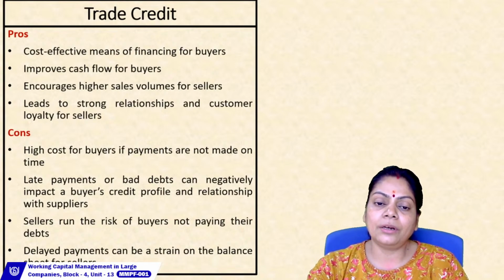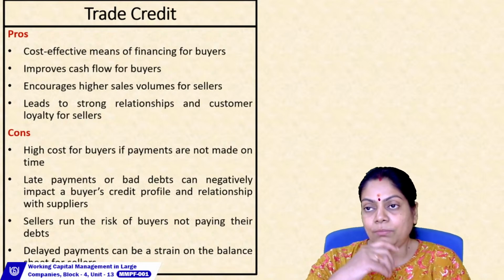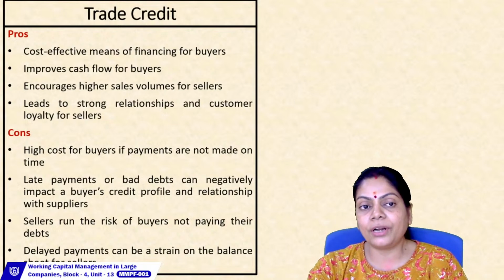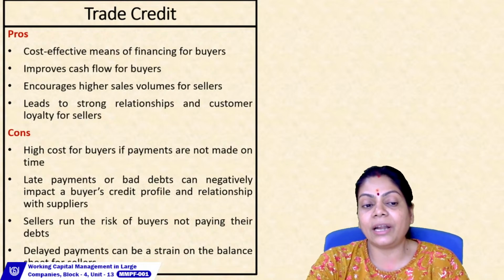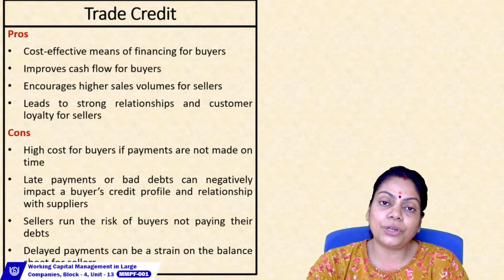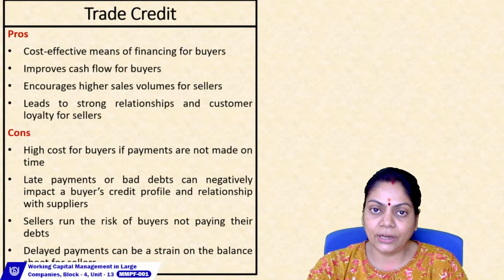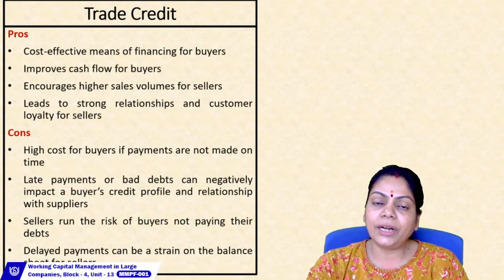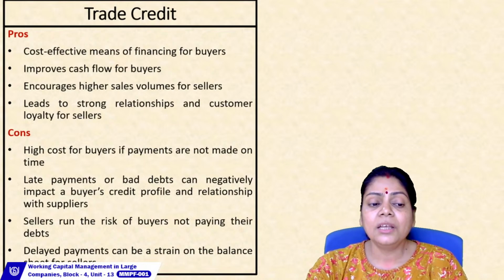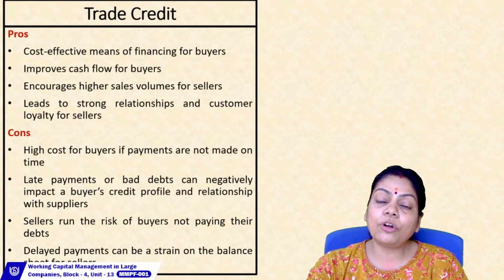So you will lose out on the creditworthiness in the marketplace. So next time you approach the supplier for credit, he might not grant you credit. Even if you're a big corporation, he would not like to deal with you and take up the cost of the credit himself. The sellers run the risk of the buyers not paying the debt.